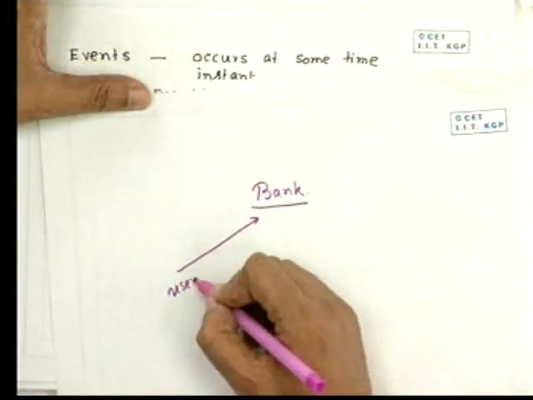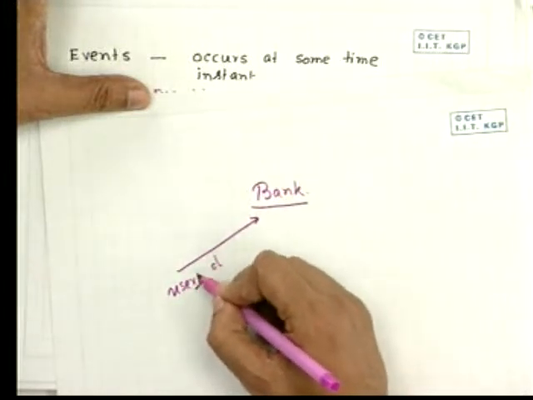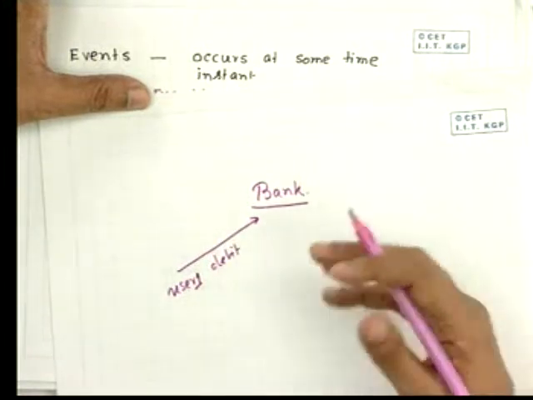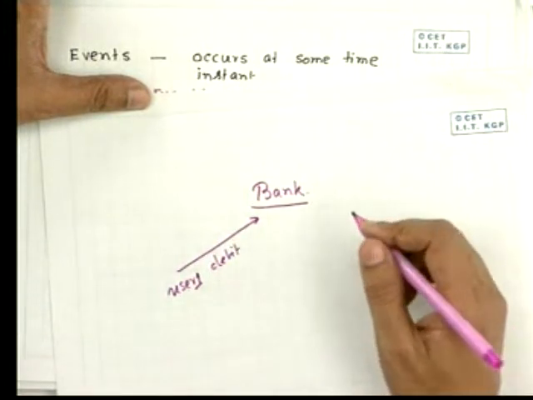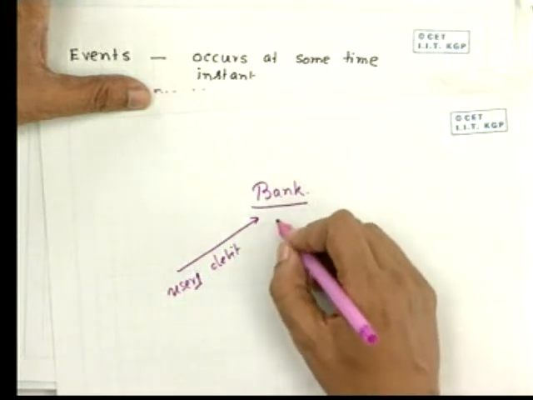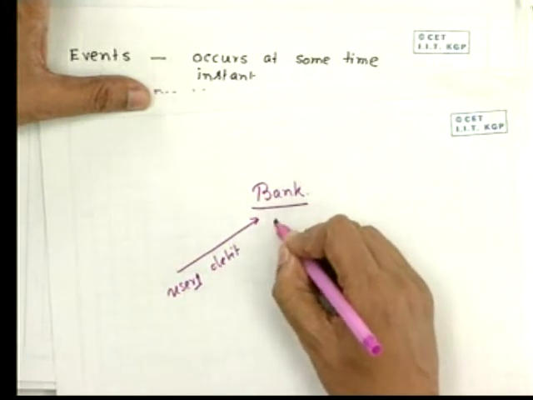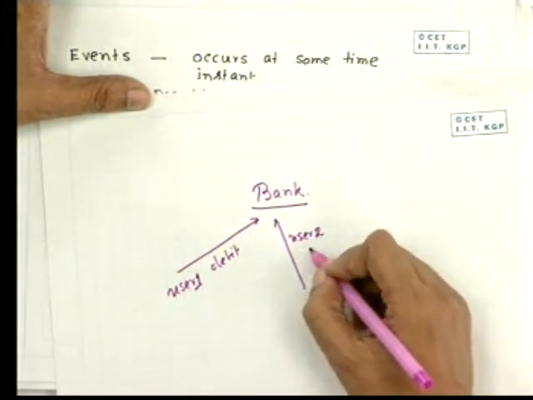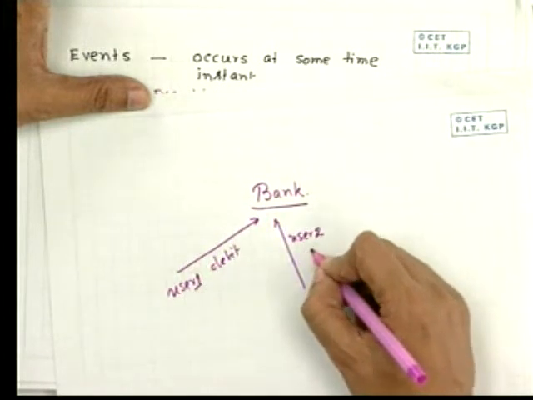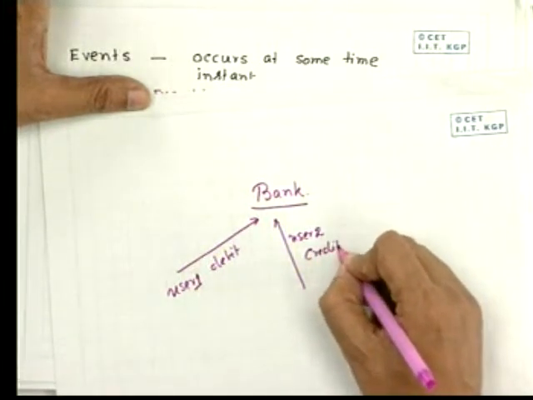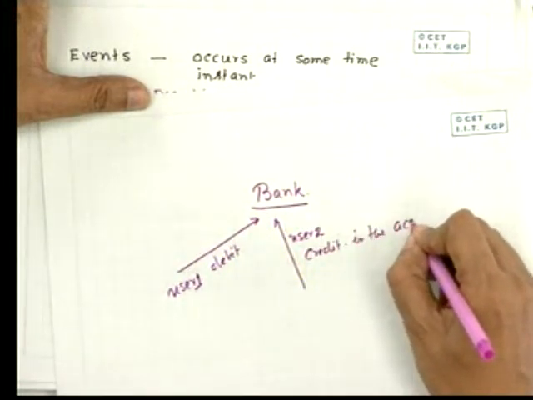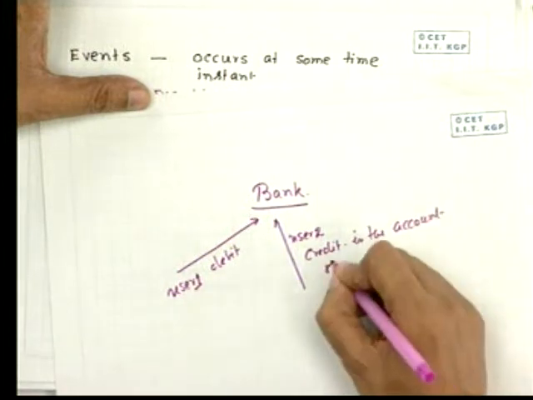User 1 makes a request to debit from his or her account, and then another user 2 also asks that a certain amount be credited in the account of user 1.